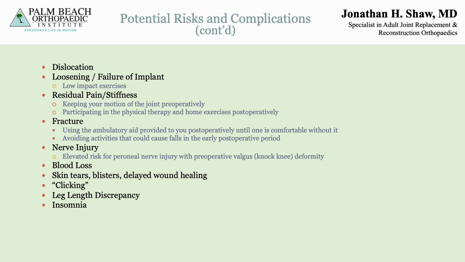However, with the modern implants, this complication has become very low, and I do not restrict patients from doing the activities that they enjoy. However, it is still a mechanical joint, which means that the more we use the hip or knee replacement, the more likely it can wear out.